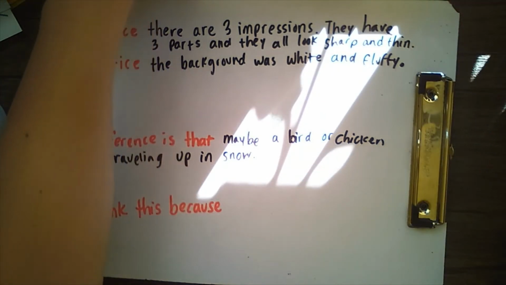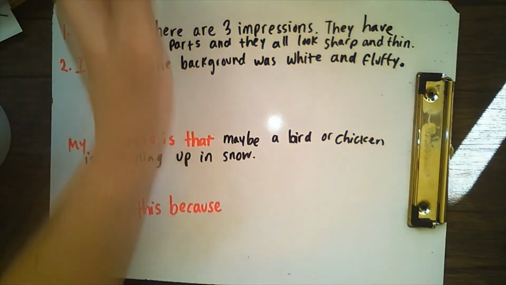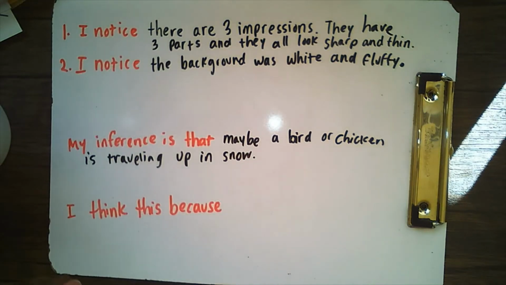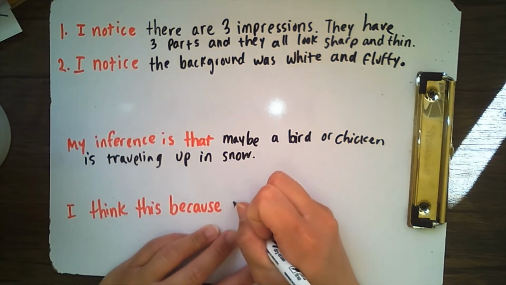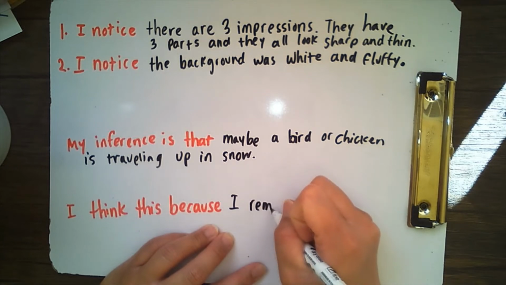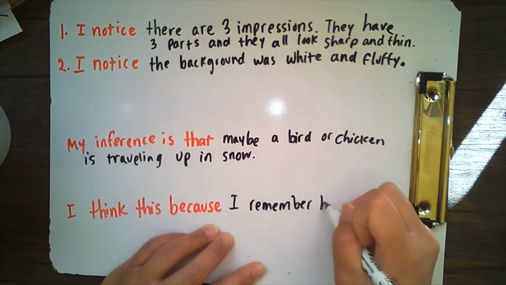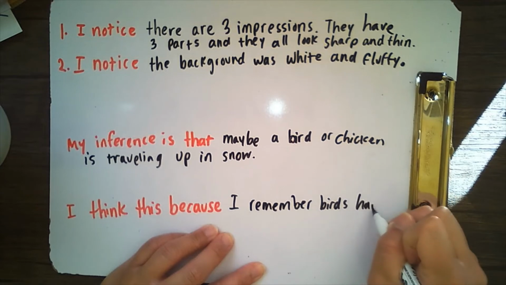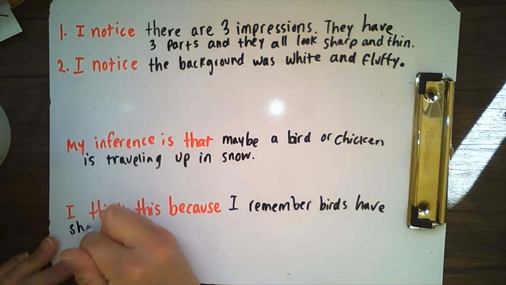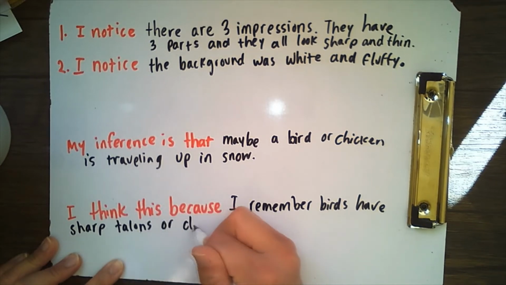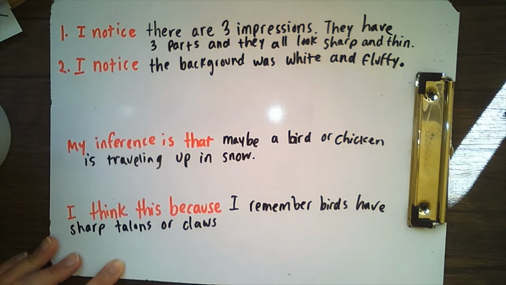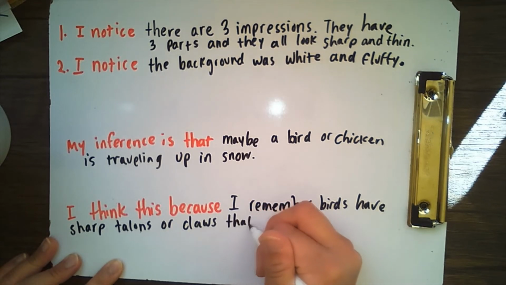Now, let me see. I'm trying to fix that light, you guys. Sorry. There we go. So my inference is that maybe a bird or chicken is traveling up in snow. I think this because I remember birds have sharp talons or claws that are skinny.